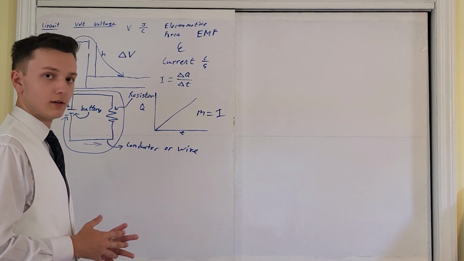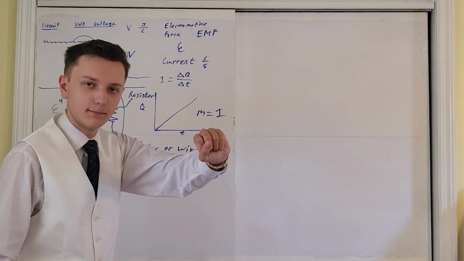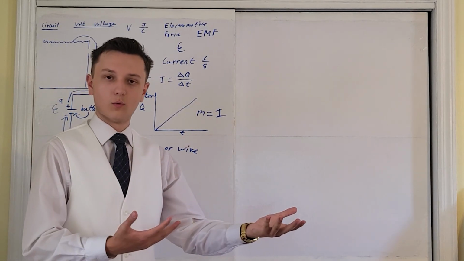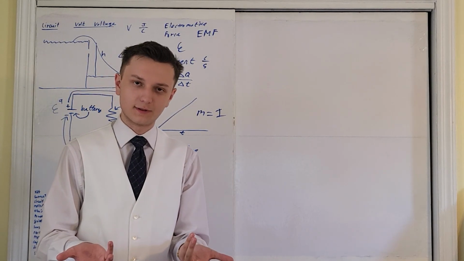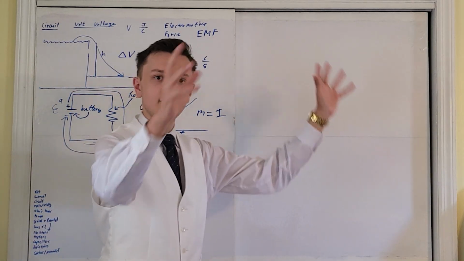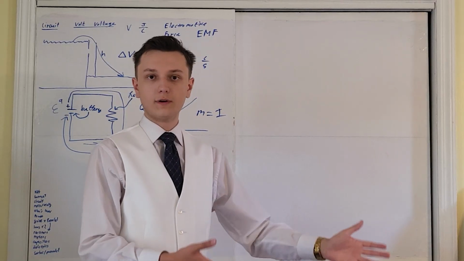A resistor, pretty much what it is, it's a really, really thin pipe. If you guys understand how water moves, which you should because fluid dynamics is a unit, if you try and shove water through a really big, really wide pipe, the water can move very easily. The water can move very freely.